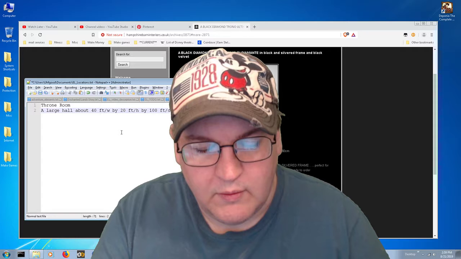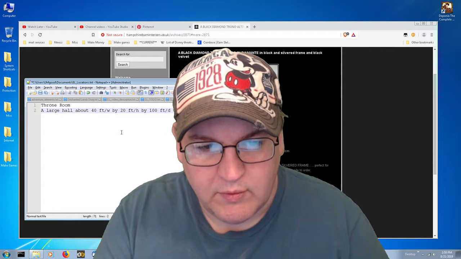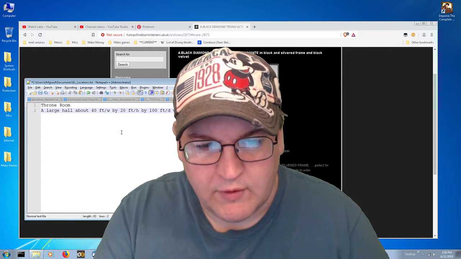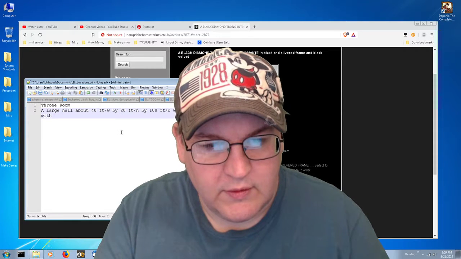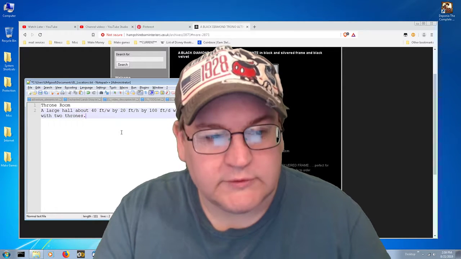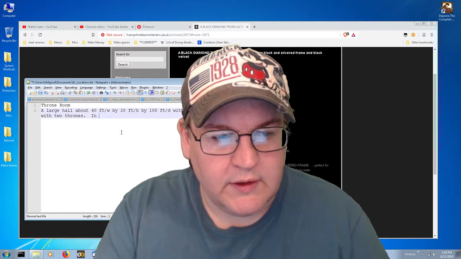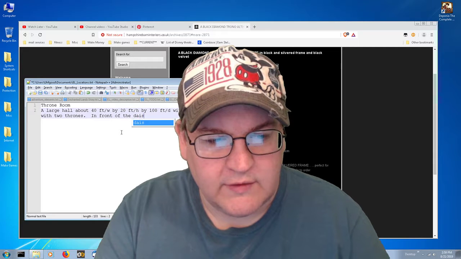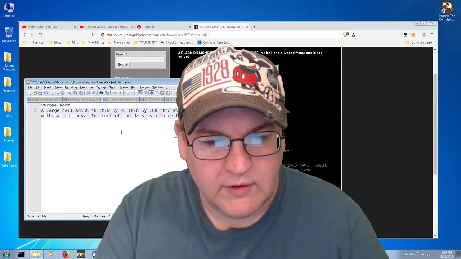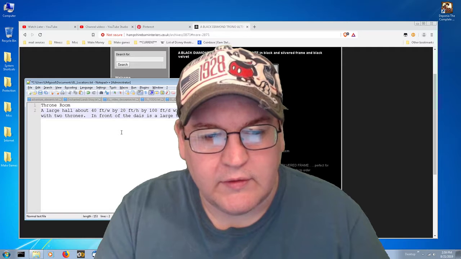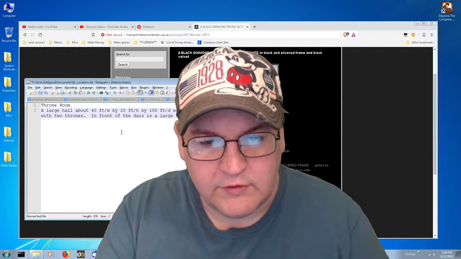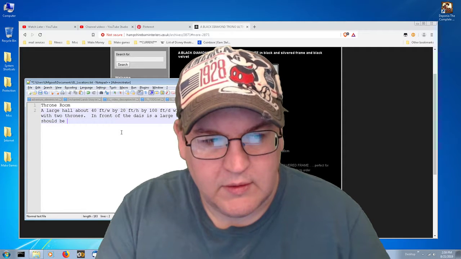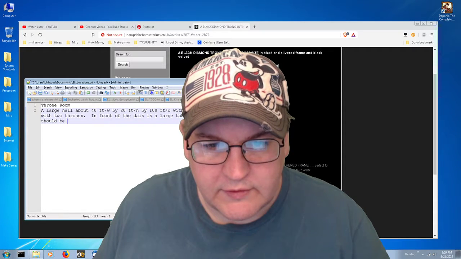With a raised platform or dais with two thrones. In front of the dais is a large table, taller than a table should be.